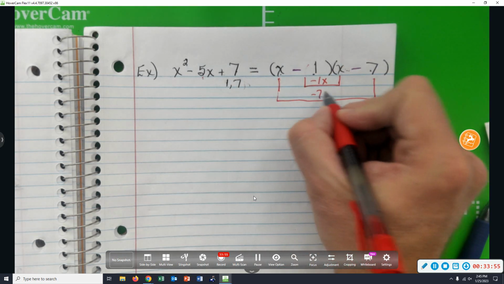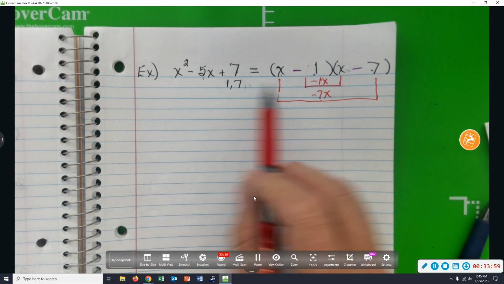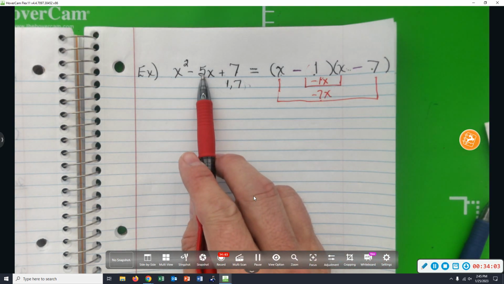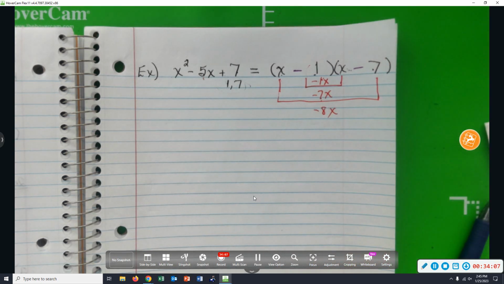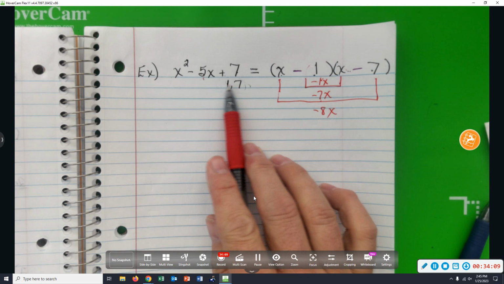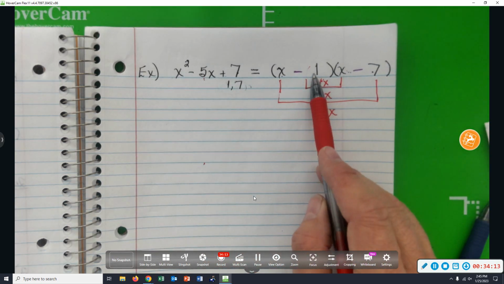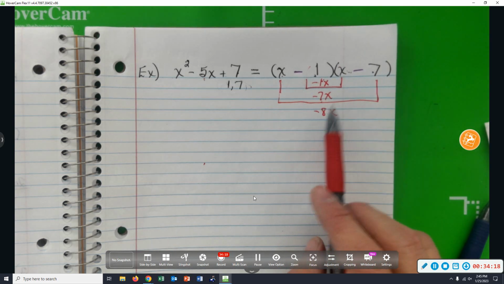Negative 7x. When I add these together, am I going to get a negative 5? There's nothing I can do other than getting a negative 8x. There's no other numbers that multiply together to give us 7. And if you think, well, wait, what if we reverse the 1 and 7? Ain't I still going to get a negative 8x?